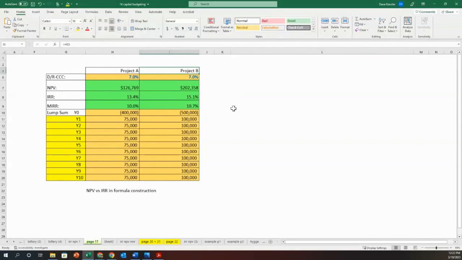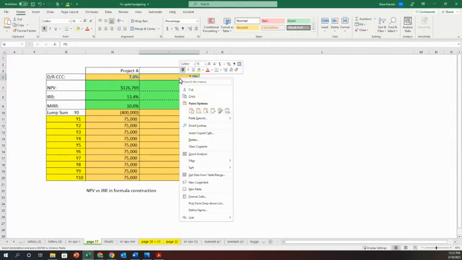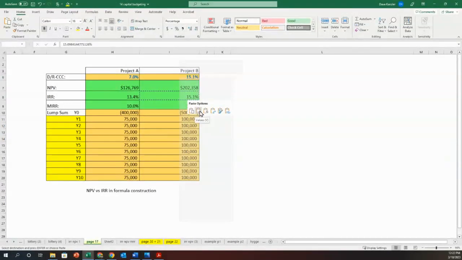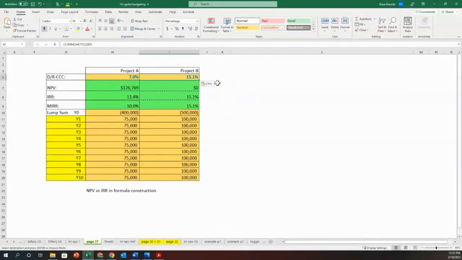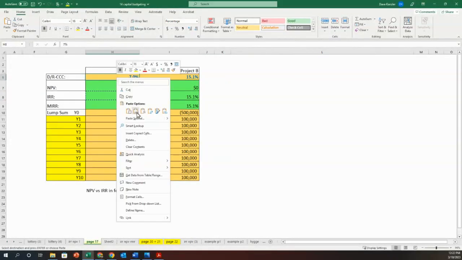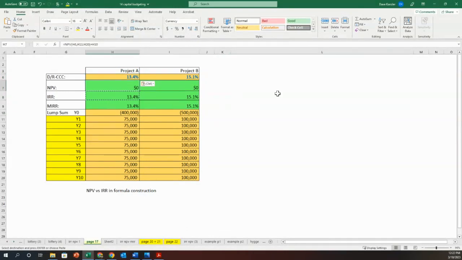Now, just to show you how the internal rate of return works. If I replace that number with the discount rate, both these numbers, right? My net present value is 0 under both of these.